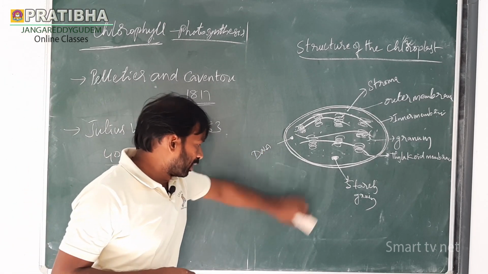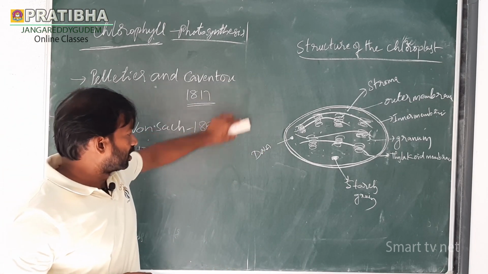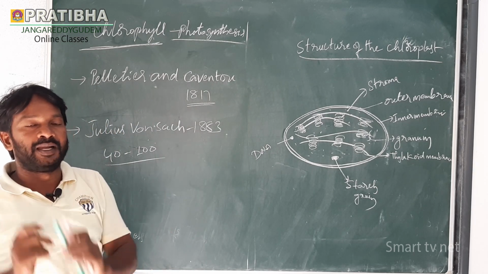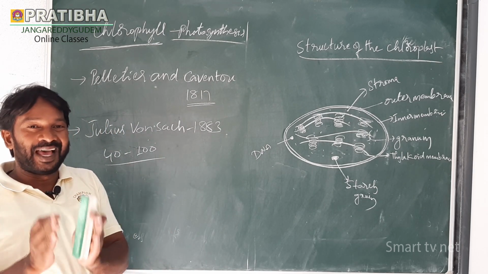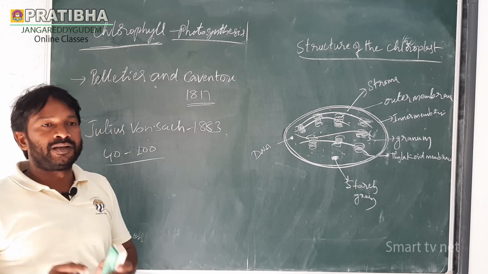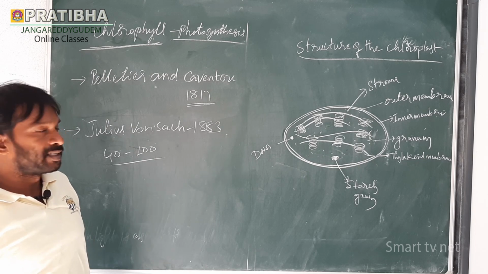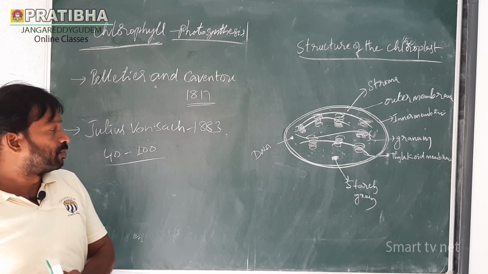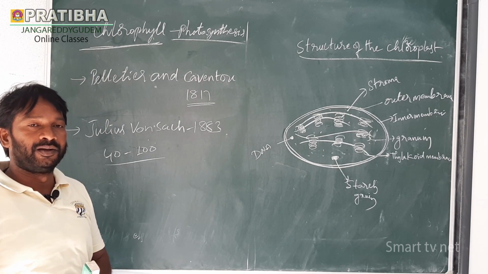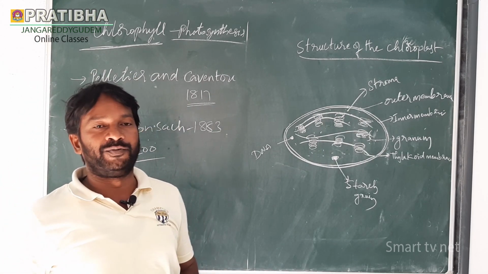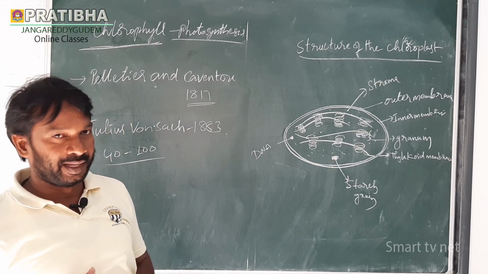Next, chlorophyll. Chlorophyll is a pigment. Already in 9th class we discussed the differences between plant cell and animal cell. Plastids are present in the plant cell, and plastids are absent in the animal cell. Plastids are helpful in manufacturing food and storing food materials.